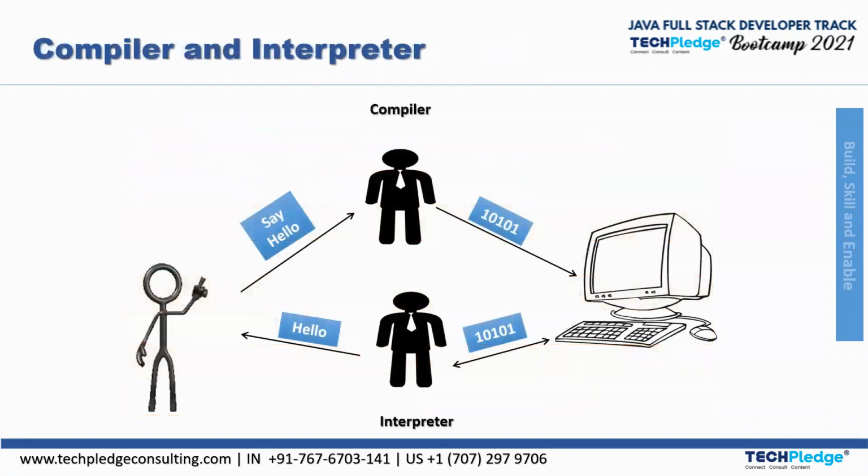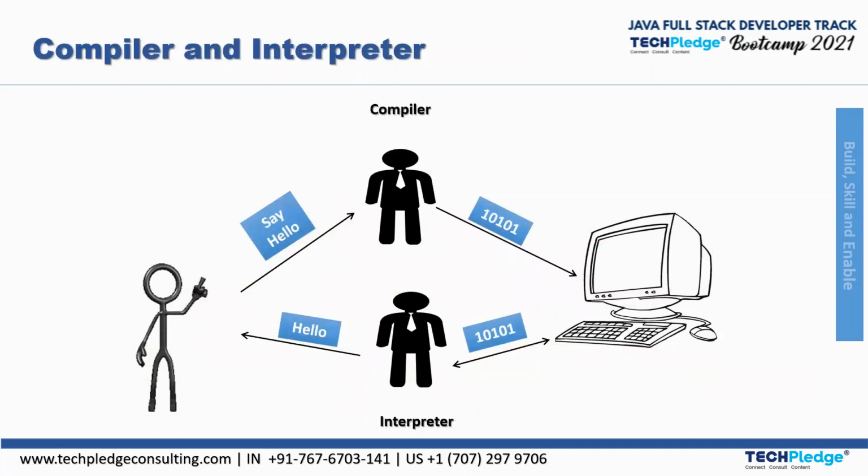Okay, now let's understand the function of a compiler and an interpreter. Suppose I am saying "say hello": the computer does not understand English. It does not understand any language. It only understands 10101. So the function of the compiler is to make the computer understand what we are trying to say.